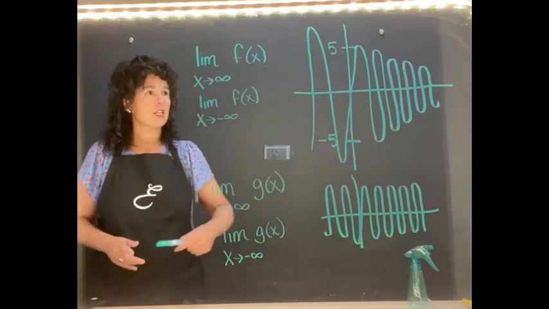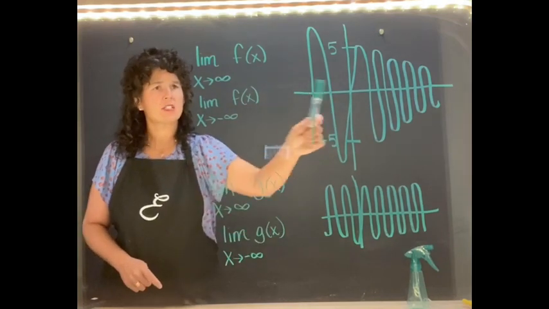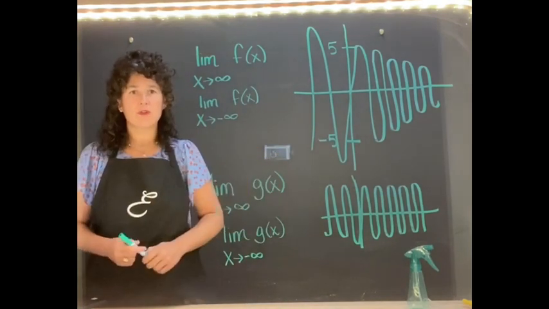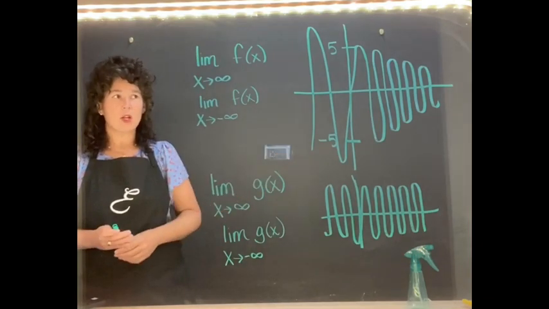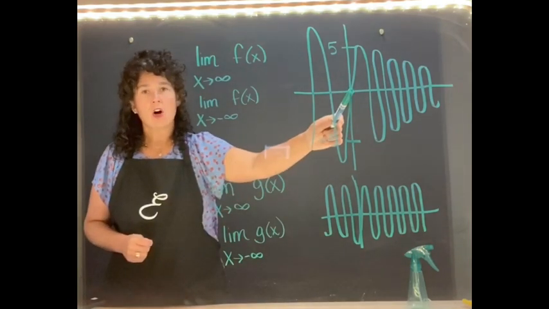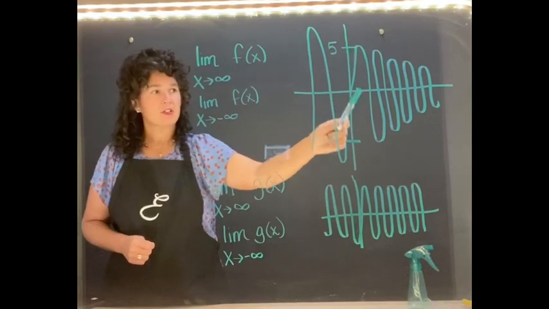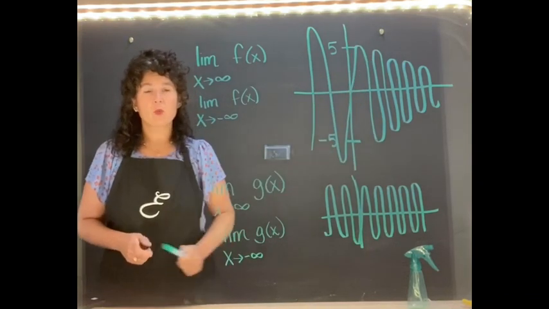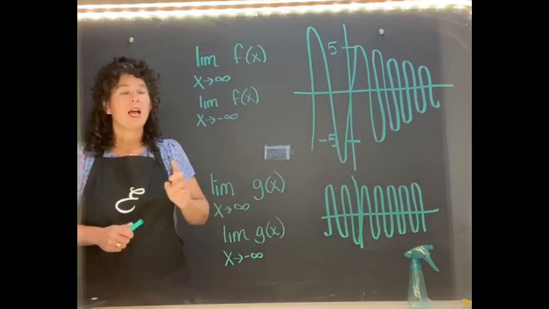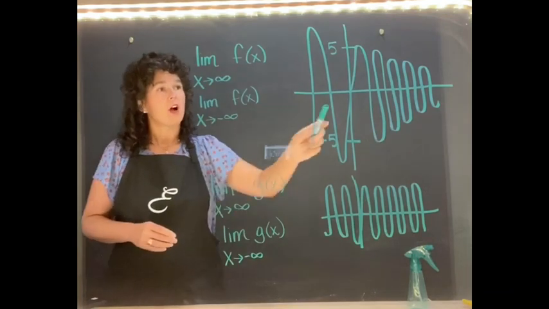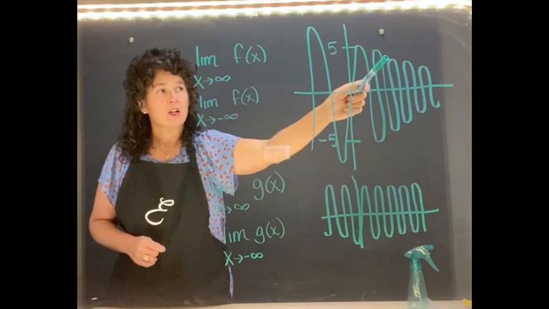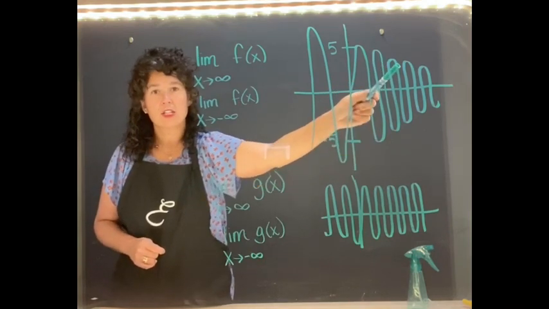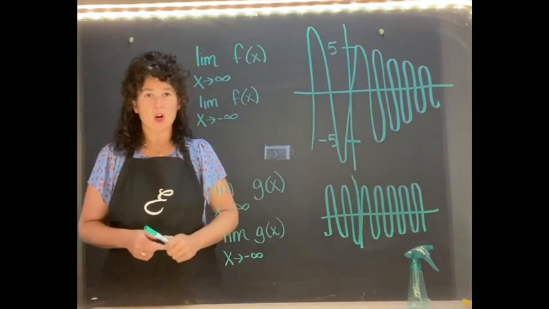Notice in this one here, as I start substituting x going to infinity, I pick 1, 2, 3, 4, 5, 6, 7, and so on. My answers are going from positive answers to negative the further we move to the right. However, our answers are getting closer and closer to the x-axis as time goes on.